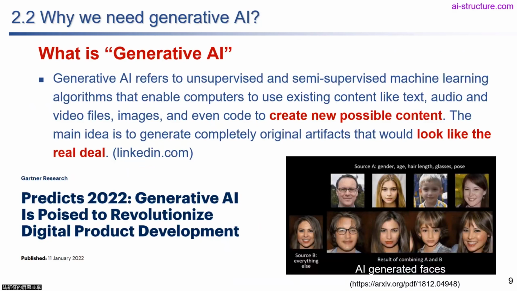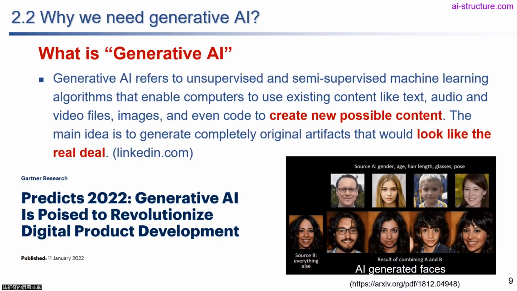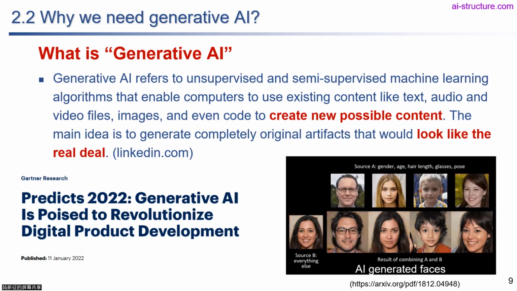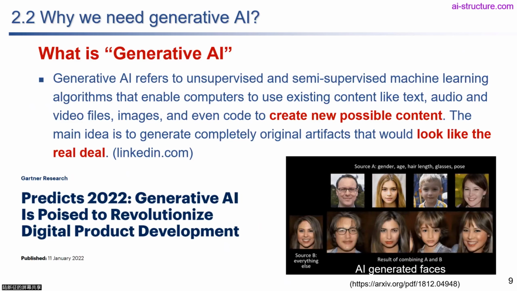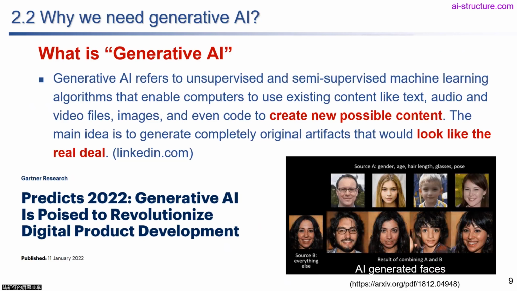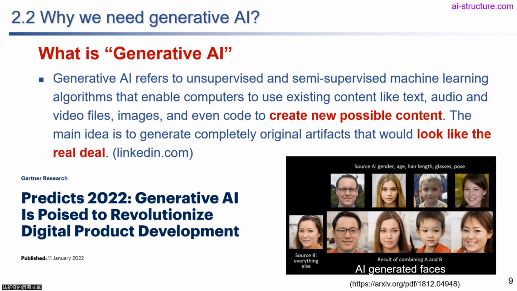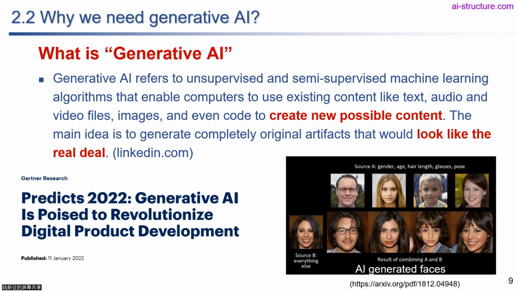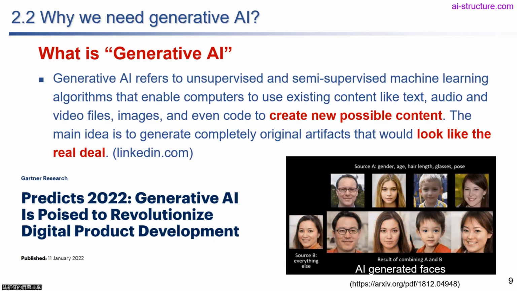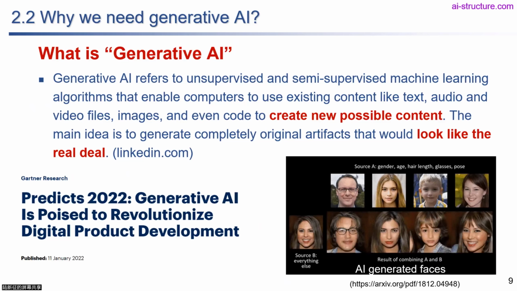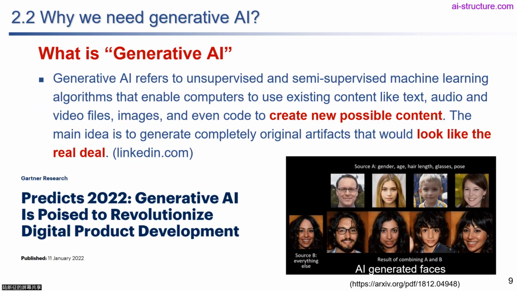Then, what is generative AI? Here is an animation that we found in the literature in 2017. I think this is a very good example of the meaning of generative AI. You can see the faces: the bottom 4 faces are generated from the top 4 faces and the left 4 faces. It represents 2 key characteristics of generative AI.